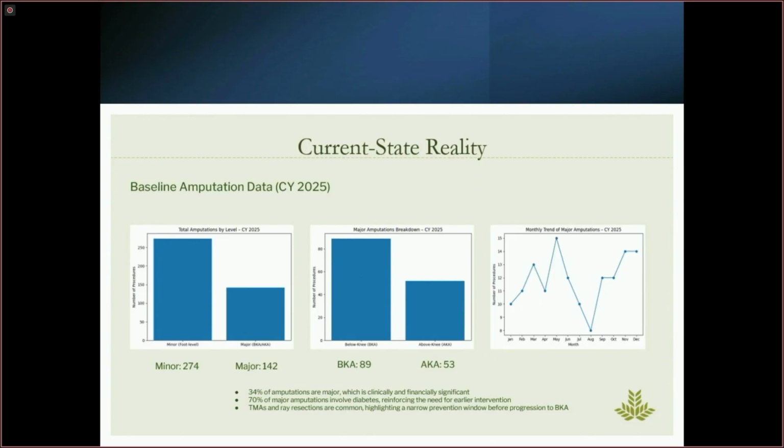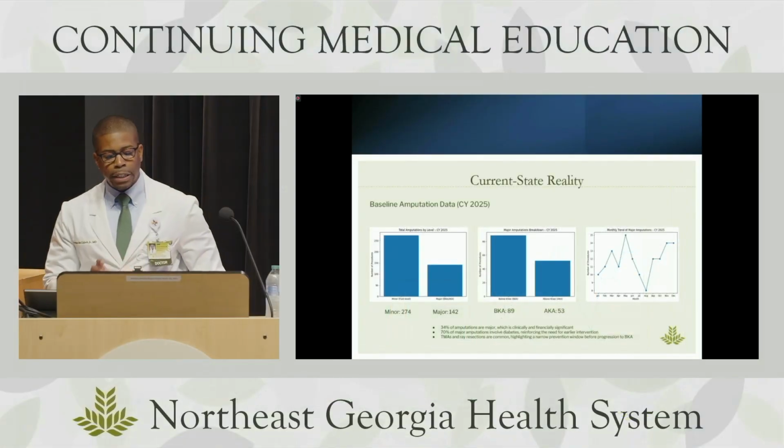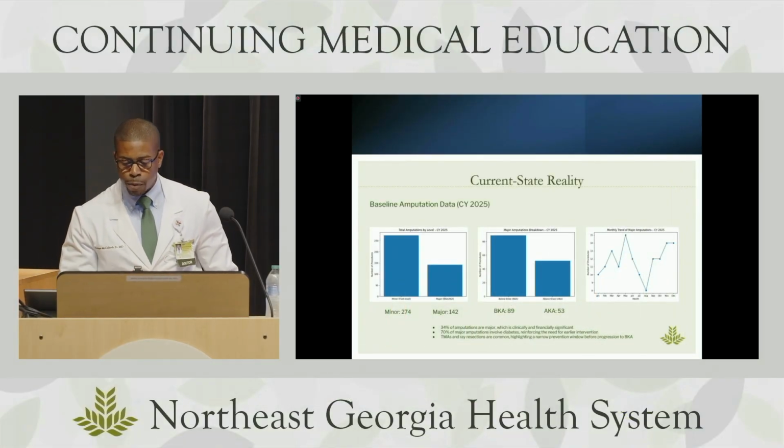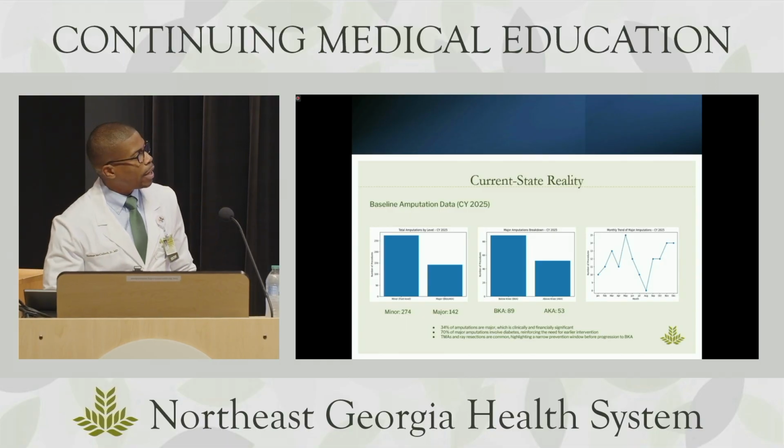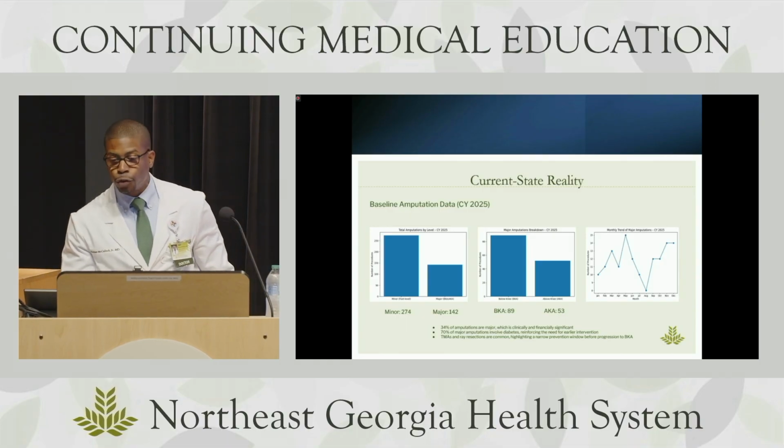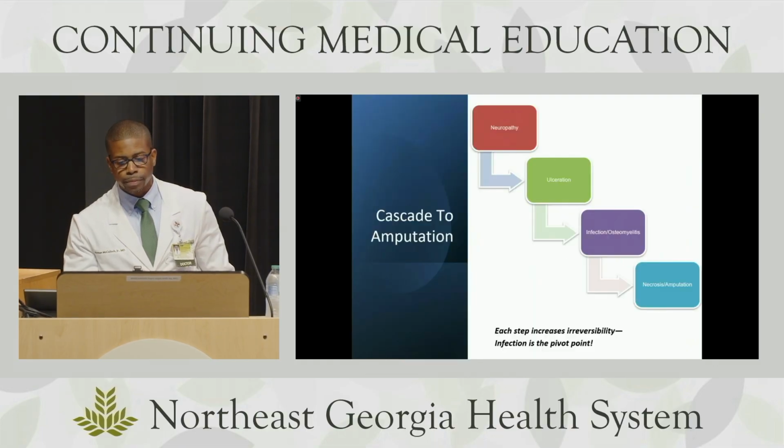And nearly 70% of major amputations involve diabetes, reinforcing the need for earlier intervention. Our biggest opportunities here are ER-based diabetic foot pathways, early vascular and podiatry co-management, as well as standardized triggers after a first foot level amputation.